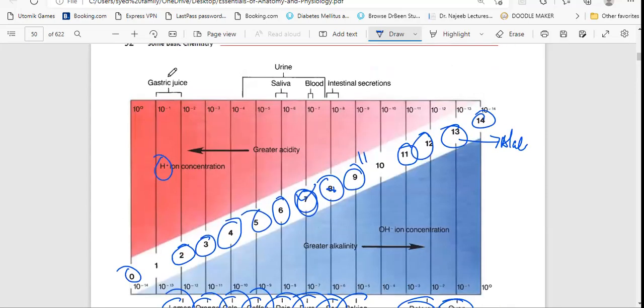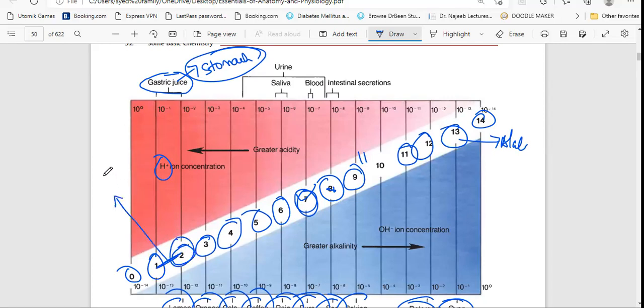Here, our gastric juice is excreted from the stomach. Stomach gastric juice is between 1 and 2. That's the reason it digests the food and breaks it down into smaller molecules. In our saliva we have 6.